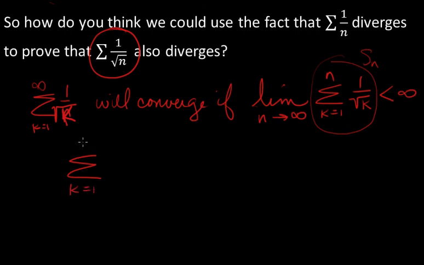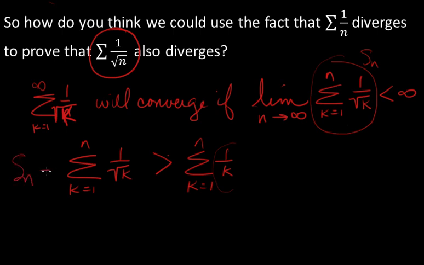But look at that partial sum. The sum from k equals 1 to n of 1 over the square root of k is greater than the sum from k equals 1 to n of 1 over k, right? This denominator is smaller than this one, so this quotient is greater than this one at each value of k.